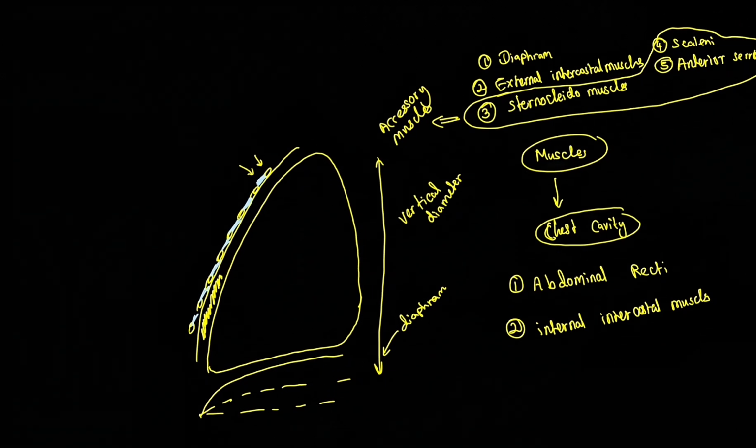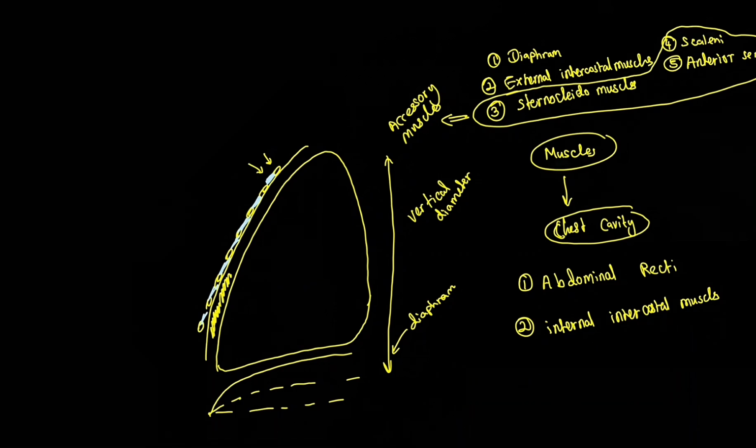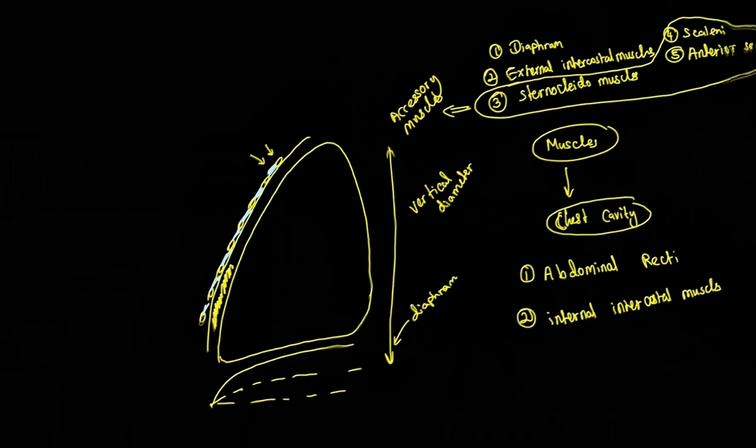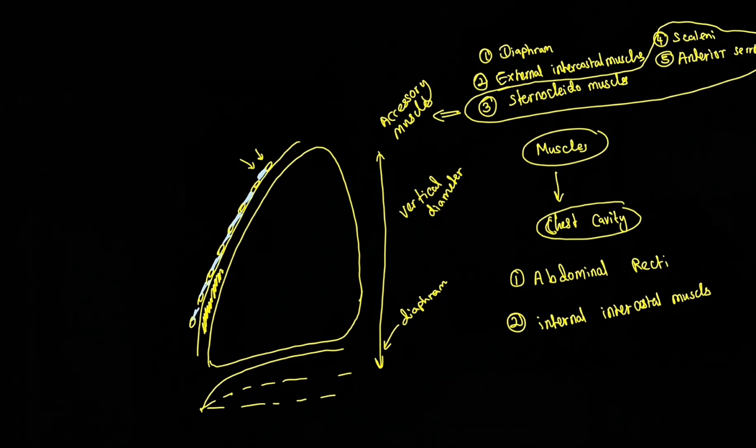And the other muscles, the external intercostal muscles and the scalene, anterior serratus, and sternocleidomastoid muscles, are going to increase the lateral and the anteroposterior diameter. I'll show you in a bit what movements cause the anteroposterior increase.